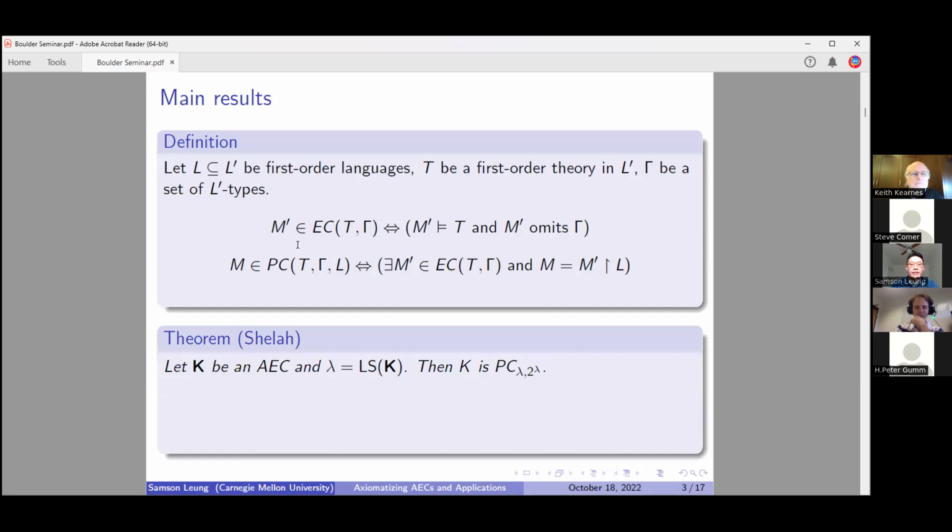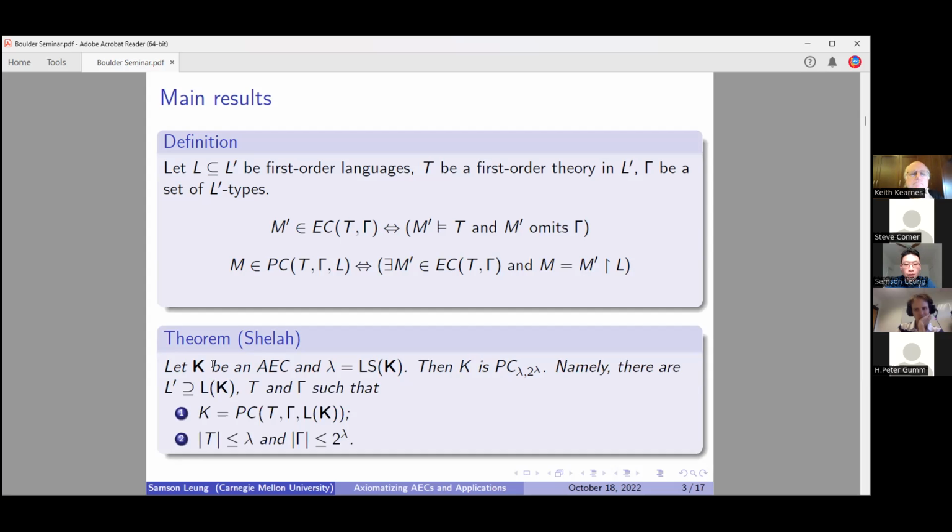It's a known fact that Shelah proved the presentation theorem. The statement is: let K be an AEC, and lambda its Löwenheim-Skolem number. So this is a cardinal associated to an AEC. Then he proves that the class of models in K is PC(lambda, 2 to the lambda). Let me explain what the two parameters lambda and 2 to the lambda mean.